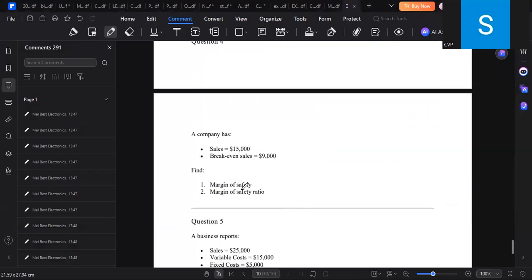Now I want you to try this. A company has sales of this. We are being asked to find the margin of safety. How do you find the margin of safety? Who remembers?